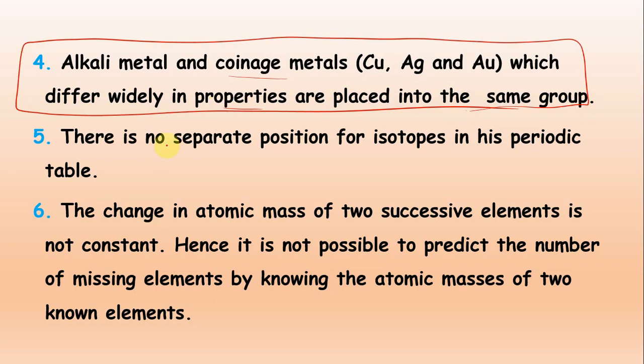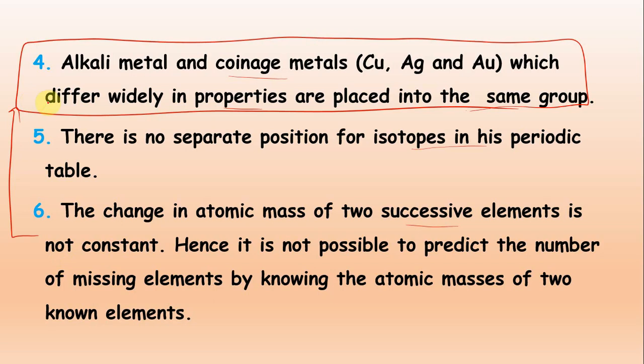Another demerit is that there is no separate position for isotopes in the periodic table. Last is that the change in the atomic masses of two successive elements is not constant, hence it is not possible to predict the number of missing elements from the known atomic masses.